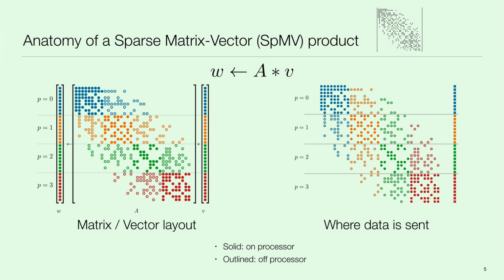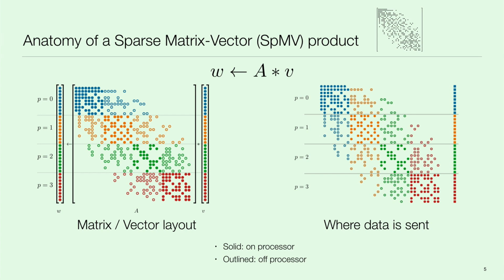So let's take a look at the anatomy of a sparse matrix vector multiply. I took a sparse matrix, and in this case, I partitioned the matrix row-wise across 4 processors, and I've colored and highlighted each one of the entries in the sparse matrix in 2 ways. Dots that are solid are ones where all of the computation associated with that would be on processor.